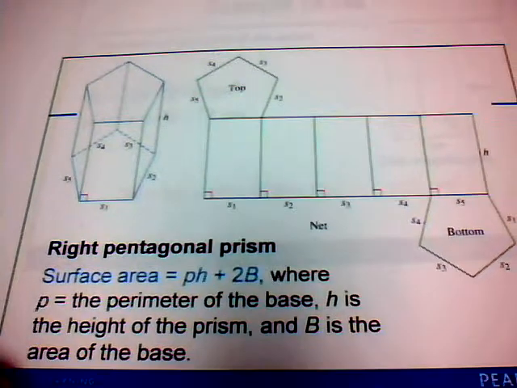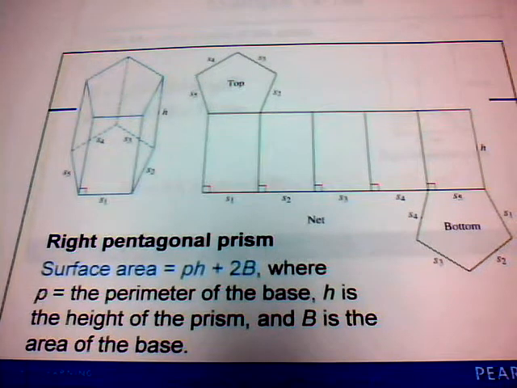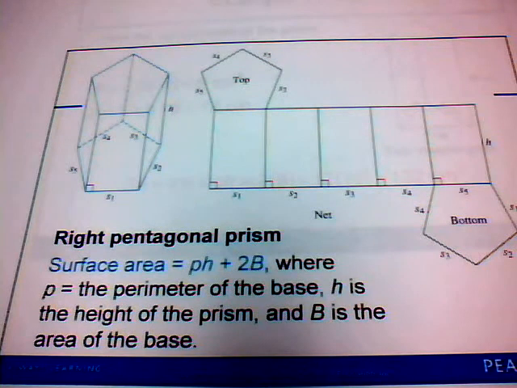Okay, and then you have a right pentagonal prism. This is just an example, because you can use a right triangular prism, a right square prism, it does not matter. In a right pentagonal prism, for example, the surface area is always going to be the perimeter times the height. P is your perimeter, H is the height of that prism.